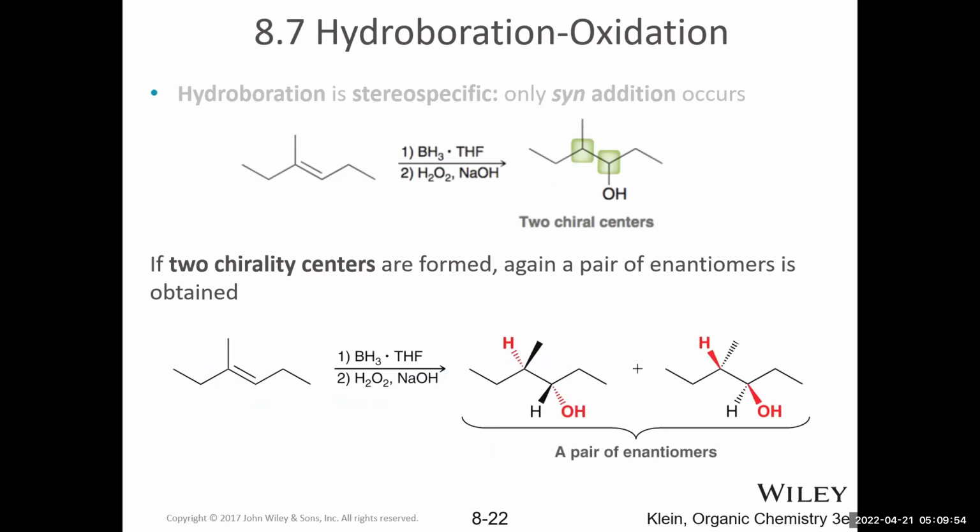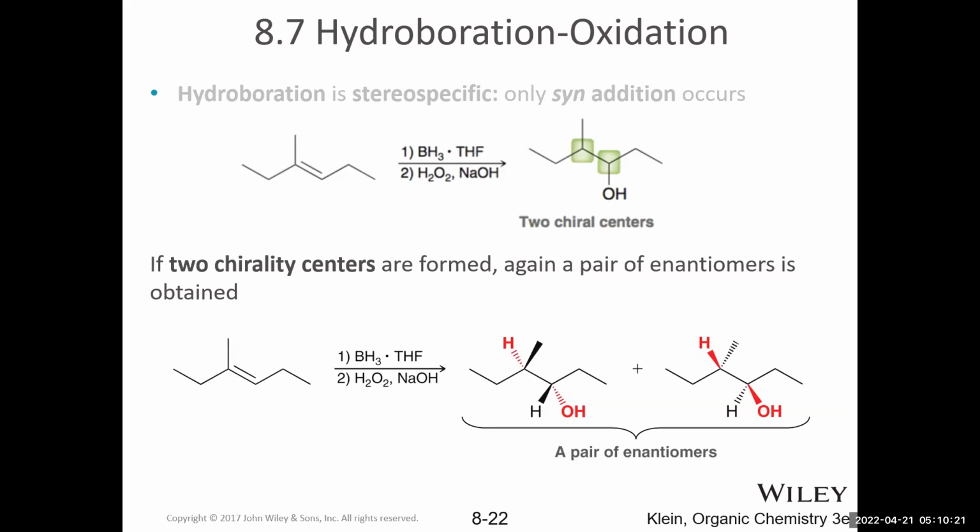However, when you form more than one chiral center, then you can start talking about whether or not a reaction has syn selectivity, anti-selectivity, or no selectivity at all. So in reactions previously where we said there was no selectivity, that means if you form 2 chiral centers, you would form a mixture of all 4 possible stereoisomers.